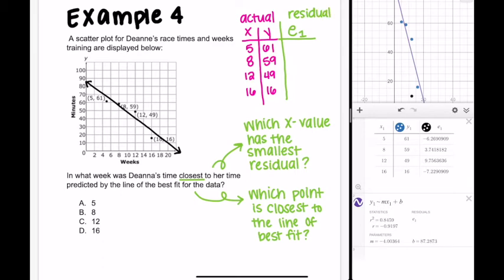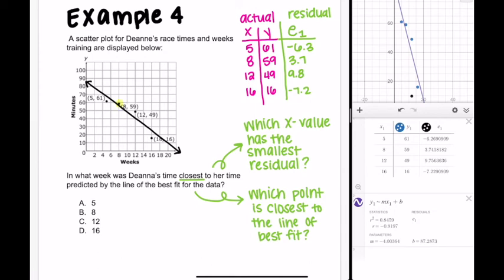The residual for the first point is negative 6.3 if we're rounding to the nearest tenth. Then we have 3.7, 9.8, and negative 7.2. So the closest point to the line, again, we said that that point that was closest is definitely this point, 859.